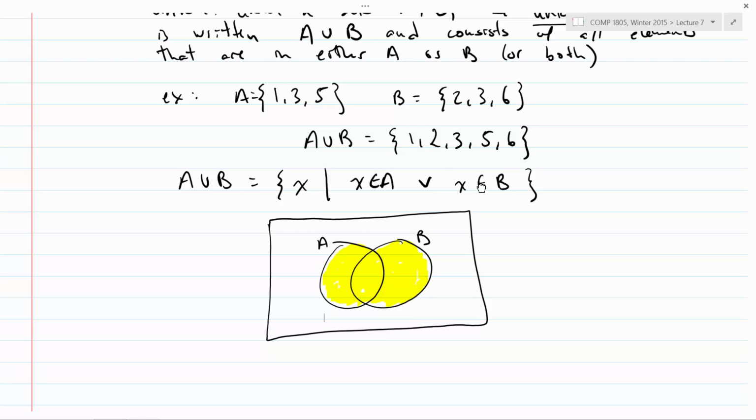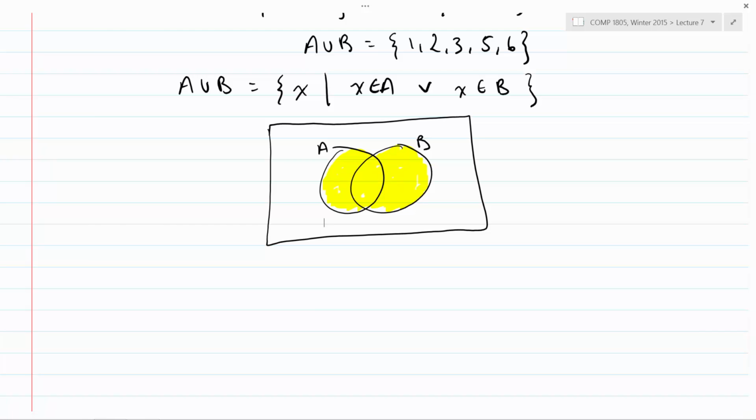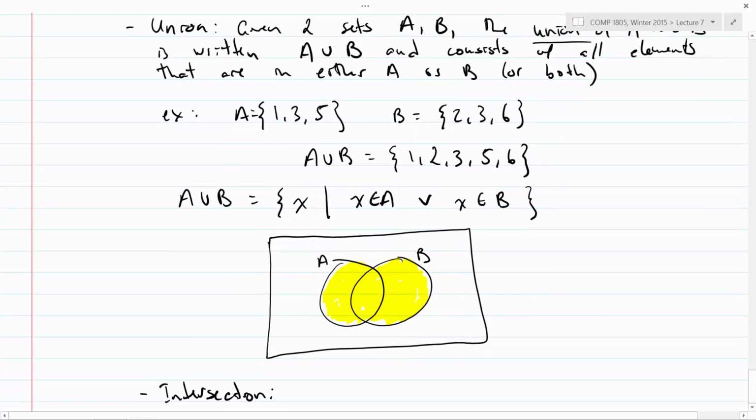All right, so the next type of operation you can do is intersection. This is when you take two sets and look at what's common between them.